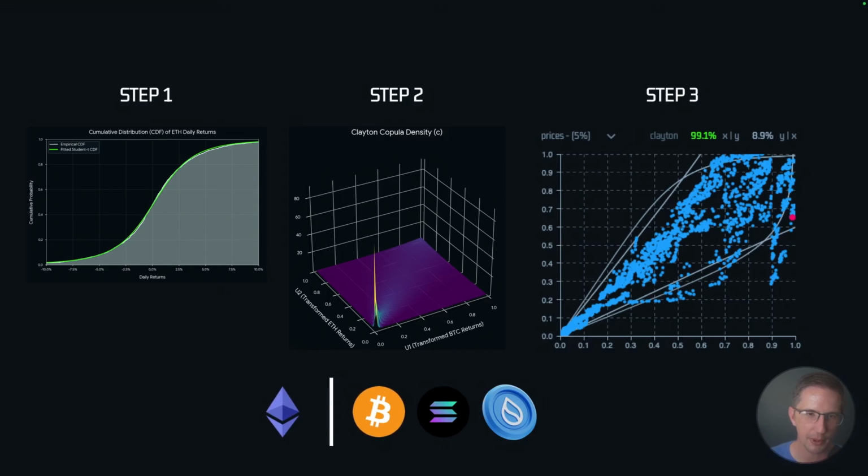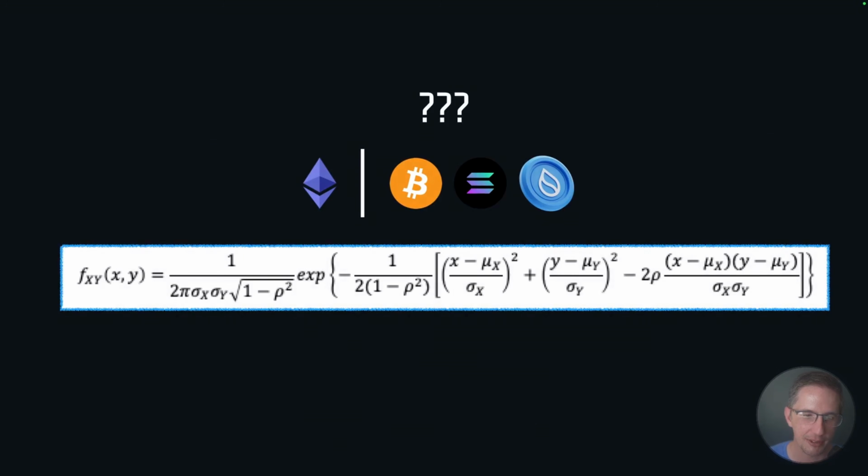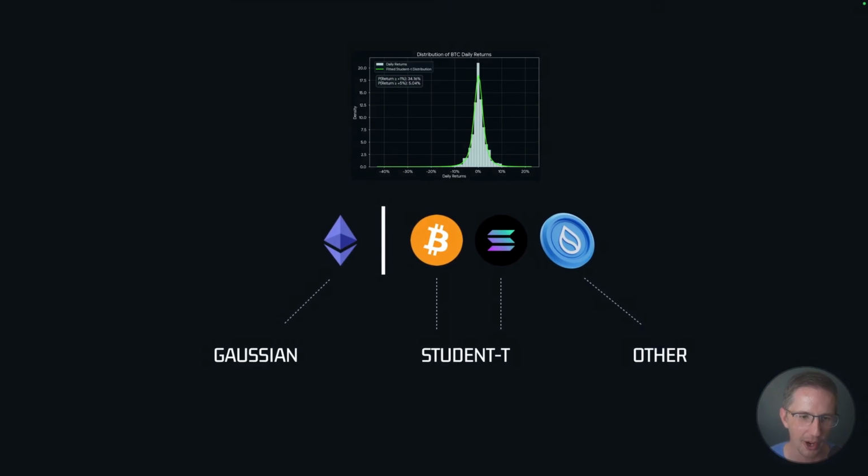But now, what if I want to add more assets in? How would I do this if I want to compare Ethereum to Bitcoin, to Solana, and to Sui, for example? One thing we could do is potentially fit these to a normal density curve and just add in X, Y, Z, or X1, X2, X3, X4. But that's probably not going to work, because remember, Ethereum might follow, say, a Gaussian distribution, which it doesn't, by the way.